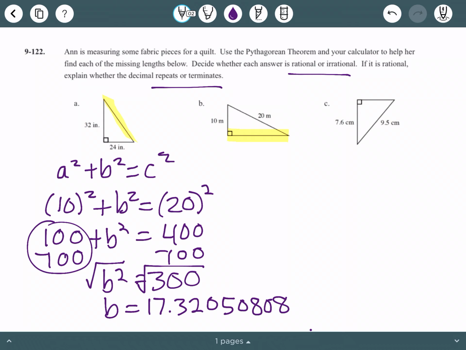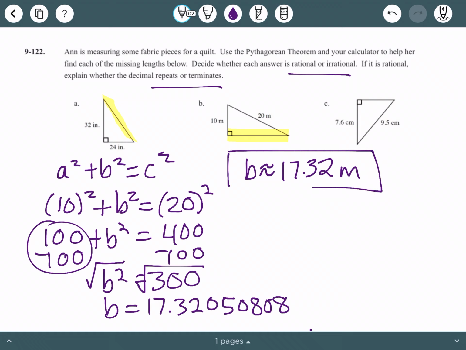So we're going to say that our length for b is about, so we want to use that squiggly equal sign, about 17.32 meters. And this number, as we know, is an irrational number.